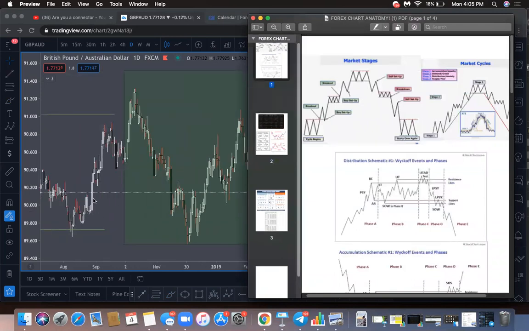Cycle begins, breakout, buy setup, right? Breakout again, buy setup, breakout, reach the high point, pull it back, and literally do the same thing.